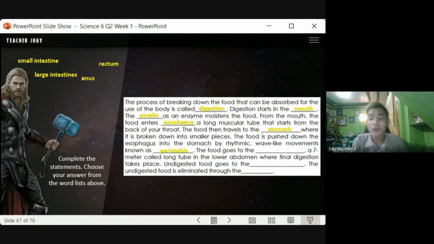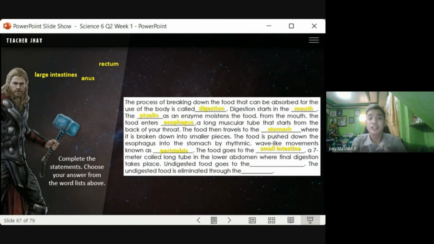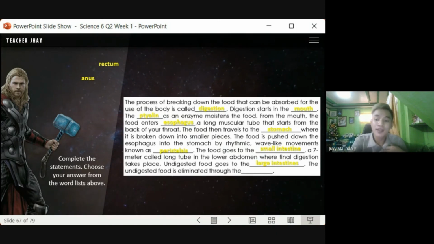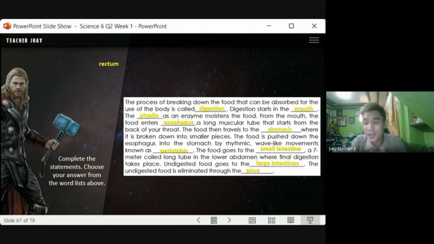The food now goes to the small intestines, a 7-meter coiled long tube in the lower abdomen, where the final digestion takes place. And the undigested food goes to the large intestines. Now, the undigested food is being eliminated through the anus. And the rectum is where the solid waste is being collected.